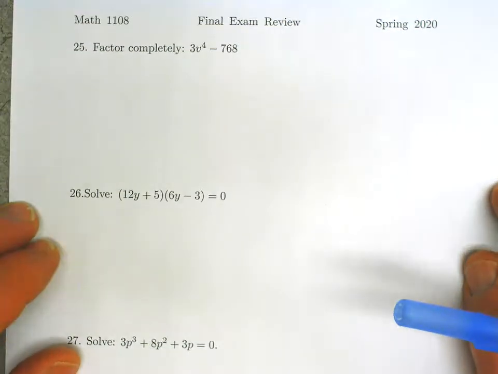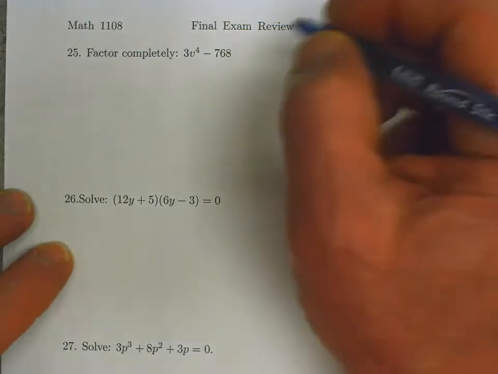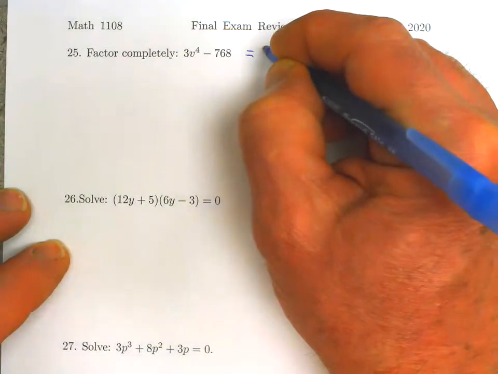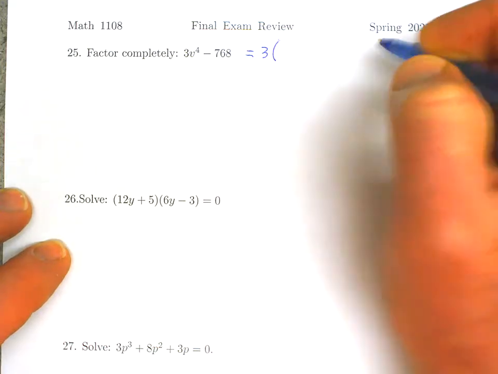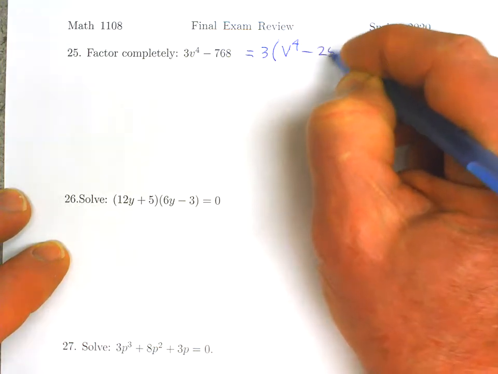Factor completely 3v to the fourth minus 768. The greatest common factor of the two terms is 3, so we have to factor 3 out. So 3 times v to the fourth minus 256.